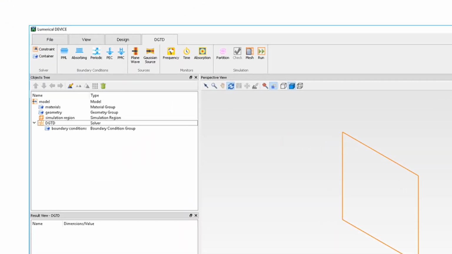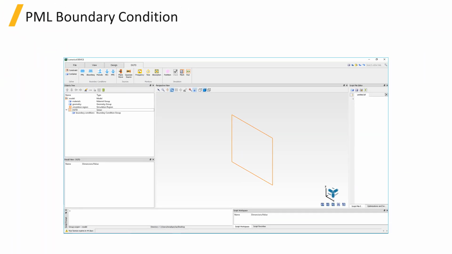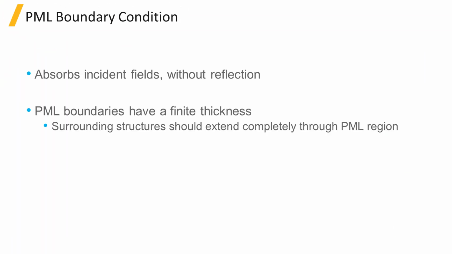The first type of boundary condition is called perfectly matched layer, or PML in short. PML boundaries absorb electromagnetic waves incident upon them. They are essentially open boundaries that are intended to absorb all incident fields without any reflection. PML boundaries extend the simulation volume by a finite amount.